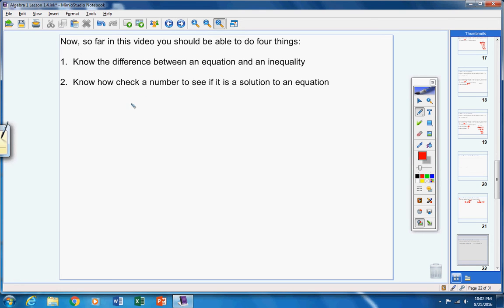You should know how to check a number to see if it is a solution of an equation. So, in other words, if I gave you an equation like this, and I said x equals 3, you should be able to check that, okay? 4 times 3 is 12, plus 10 equals 15. 12 plus 10 is 22, equals 15.